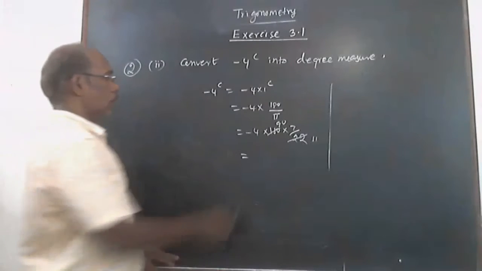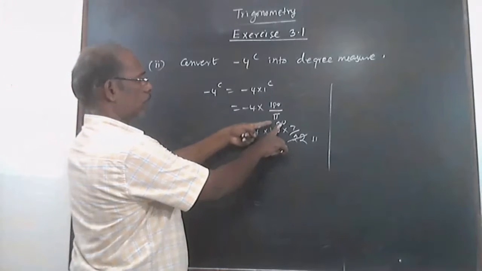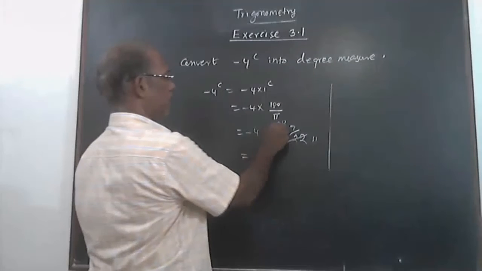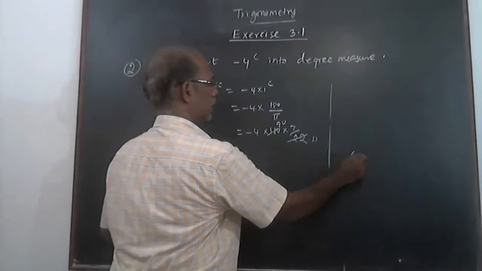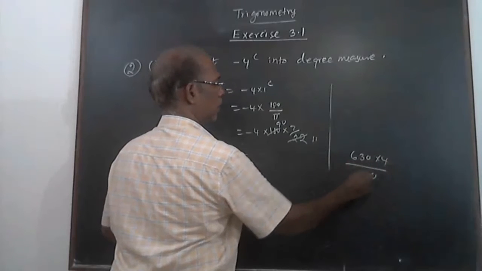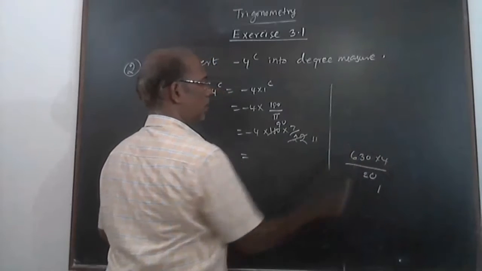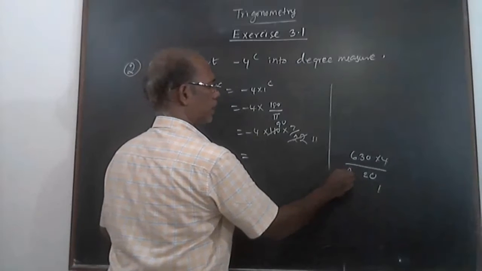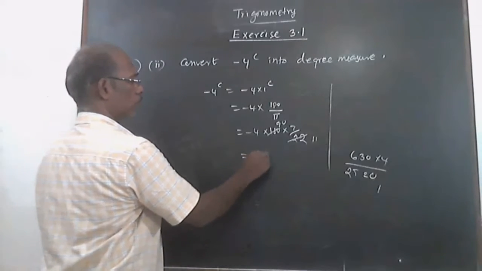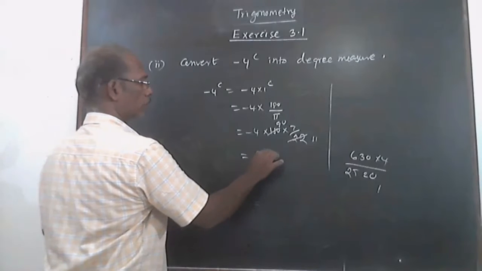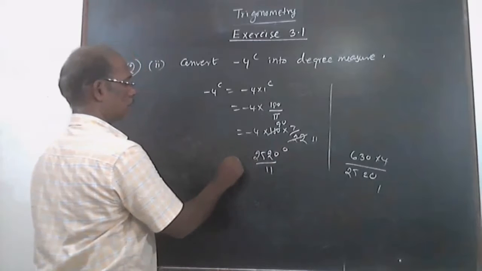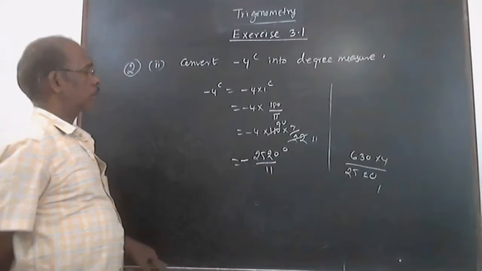Okay, and 4 into 90 into 7, the denominator 11, 9 into 7, 63 into 4, 2520 by 11 degree with a minus sign.